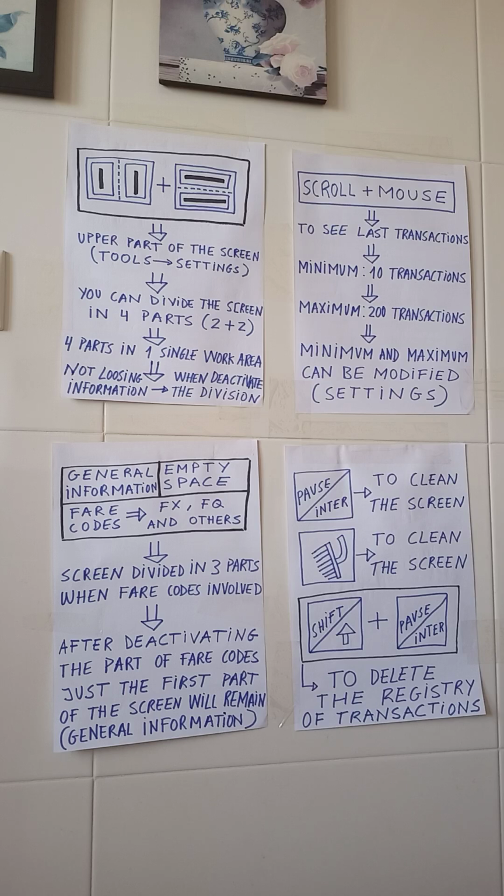Going up and down on the screen using the mouse allows us to see the latest transactions made. The minimum number of transactions that are usually displayed is 10. And the maximum can reach 200.